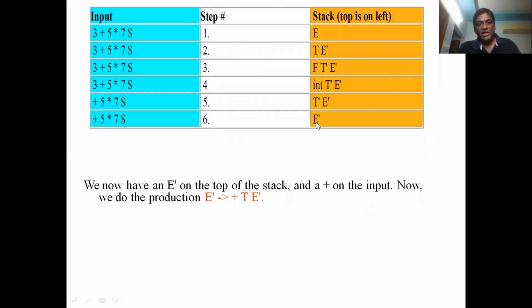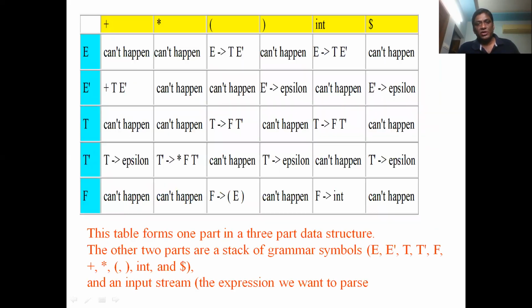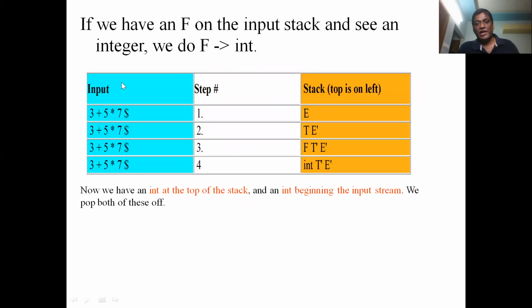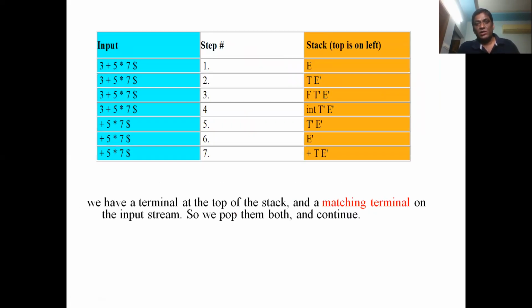So E dash on plus now. Look into the parse table. What is it saying? Plus T dash. So we substitute plus T dash in place of E dash.